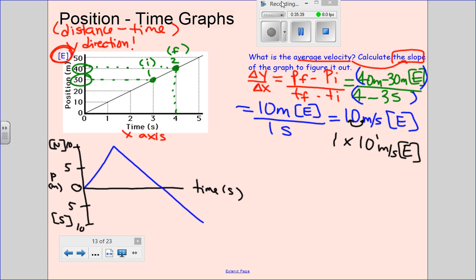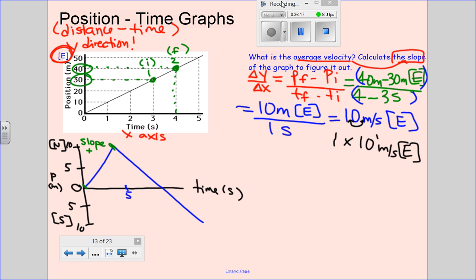And so I'm going to talk about what I would refer to as the 3 sections of this graph. Let's just say for fun that that's 5 seconds, just so we have a number to use. In the first section of the graph, where the line is going up, so this portion here, I can see that the slope goes from the bottom towards the top. Here, the slope would be positive.